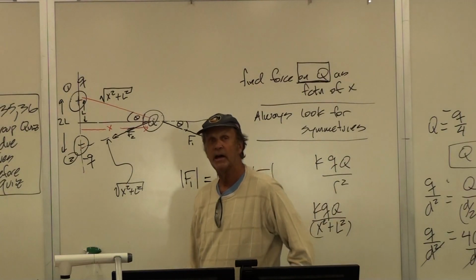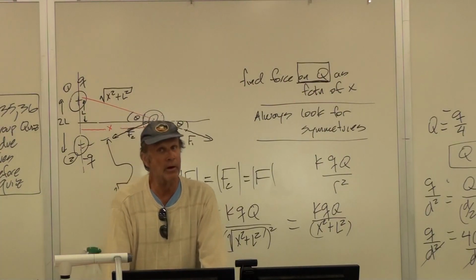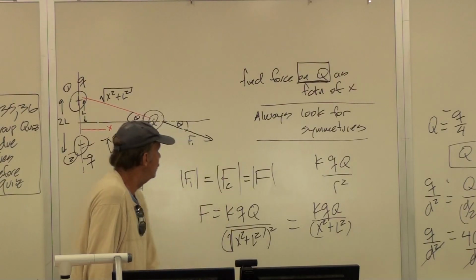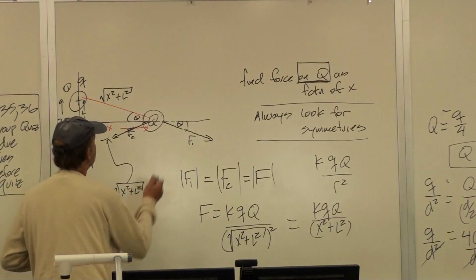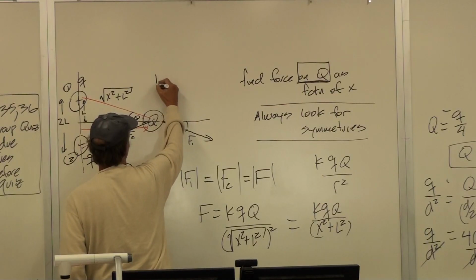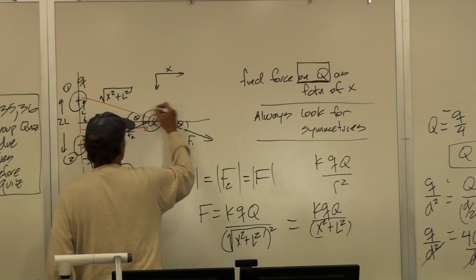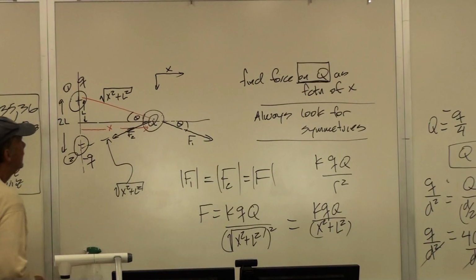Remember, with vector decomposition, what you want to look for are the components that add and also the components that cancel. Okay, so if I call this my xy coordinate system, I'm going to define y as positive down, just because both forces are pointed down. What can I say about the x and the y components? The x components cancel. Good.